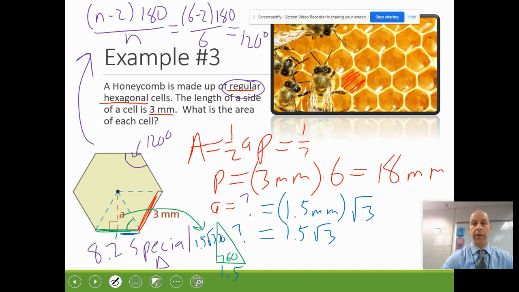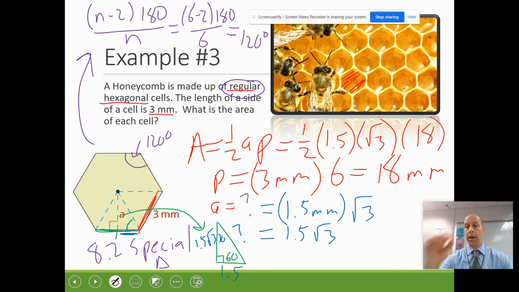So our final answer for the area of this hexagonal honeycomb cell is going to be 1/2 times the apothem, which is 1.5 times the square root of 3. That's the apothem. And then times the perimeter, which we just found right there, which is 18. So we need to take our calculator and we need to multiply all of those things together.